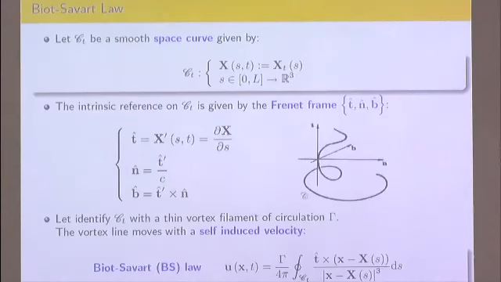In ideal fluids, the vortex lines move according to the Biot-Savart law, where the vorticity is now retained inside the vortex, and exact analytical results about solutions according to the Biot-Savart law are very difficult to obtain.